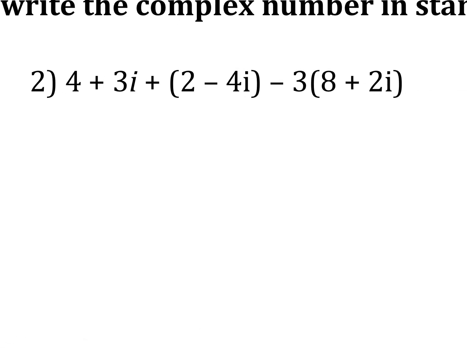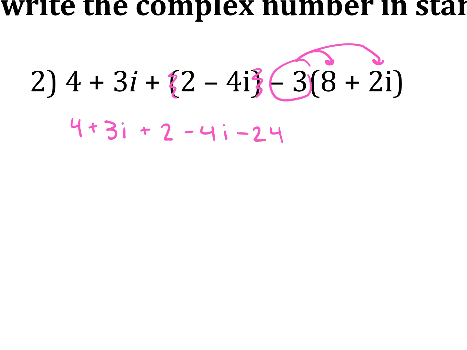What should I do first here? Logan. Distribute the -3. So 4 plus 3i. I can just get rid of these parentheses here because I'm just adding. So 2 minus 4i. And then I need to distribute. -3 times 8 is -24. And then -3 times 2i, -6i.